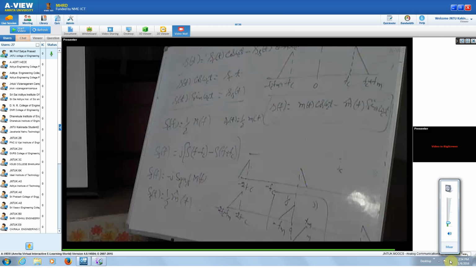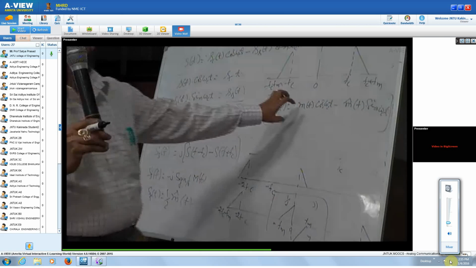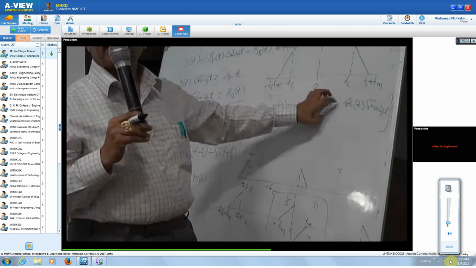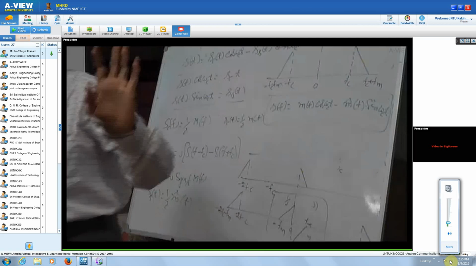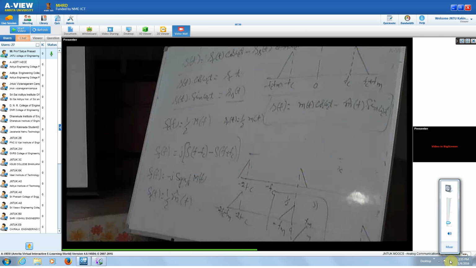m of t is your baseband signal, your cos function is your carrier signal, right?